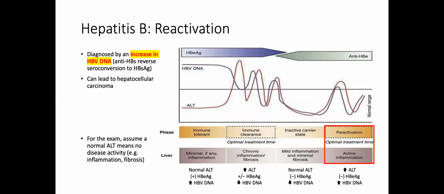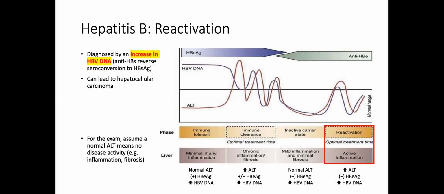Also, for the exam, know that a normal ALT doesn't mean that there's no disease. If we have a super high ALT, that's usually because of a drug, like a Tylenol overdose, that could cause your ALT to be really high.